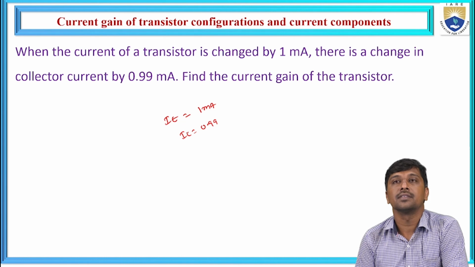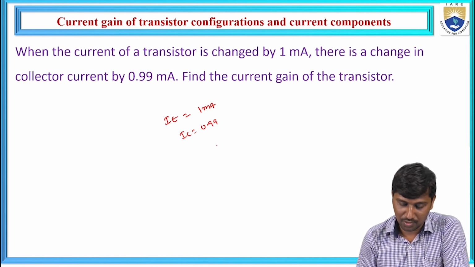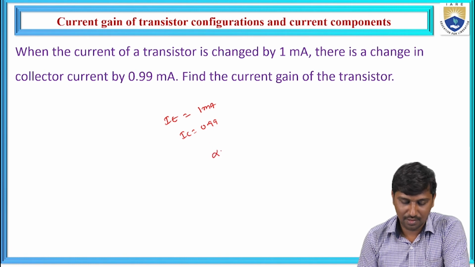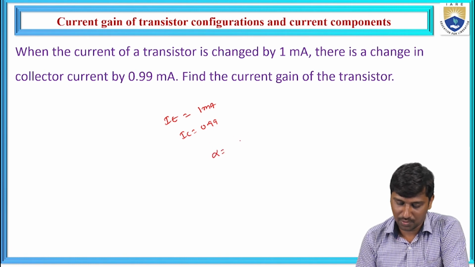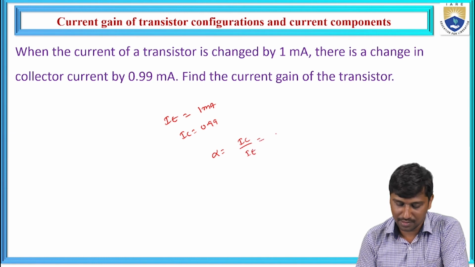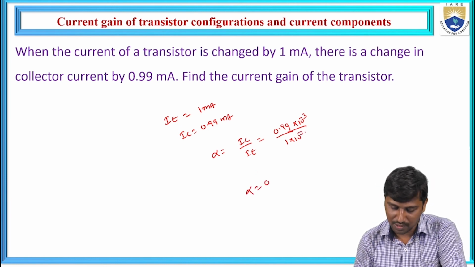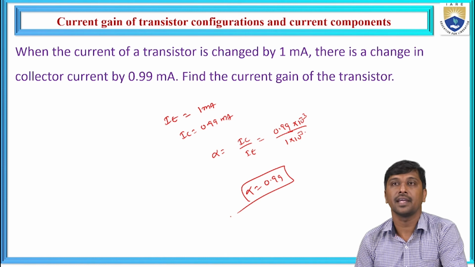Based on this, we need to find the current gain, that is alpha, equal to the output collector current divided by the input emitter current, hence 0.99 into 10 to the power minus 3 by 1 into 10 to the power minus 3. So alpha is equal to 0.99.